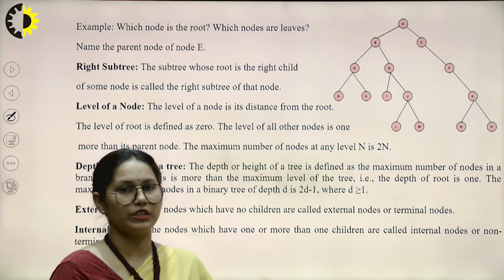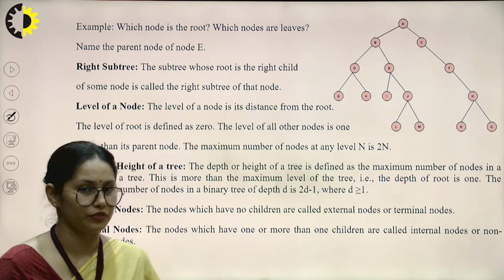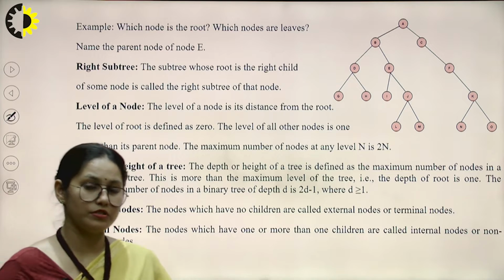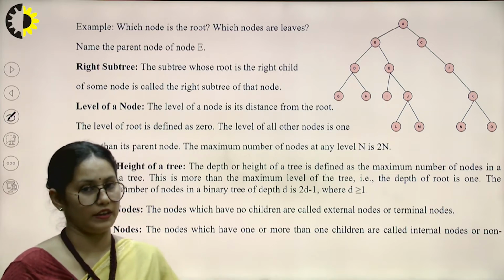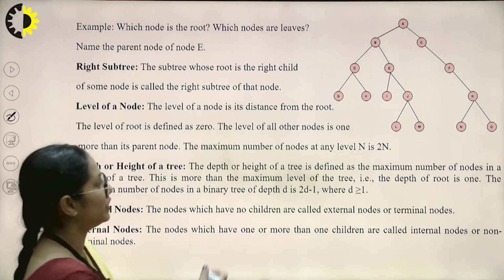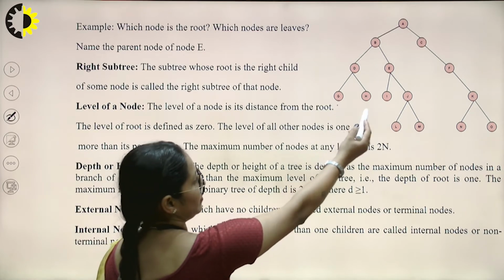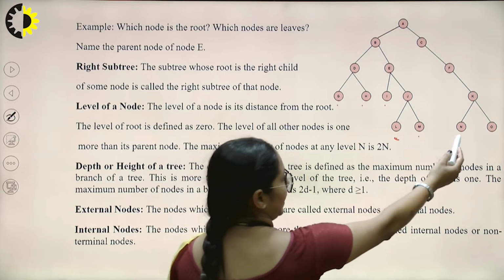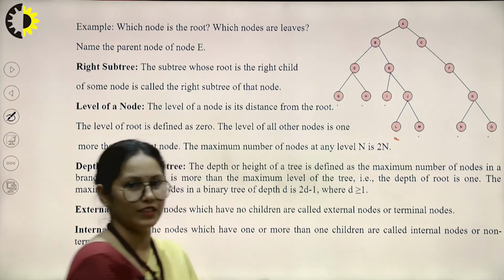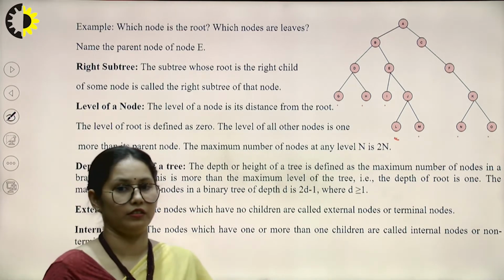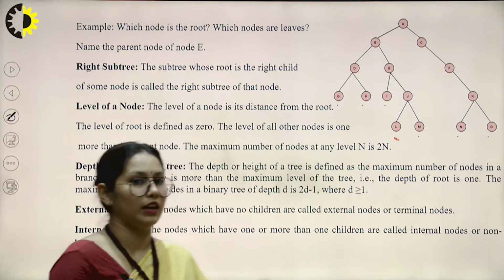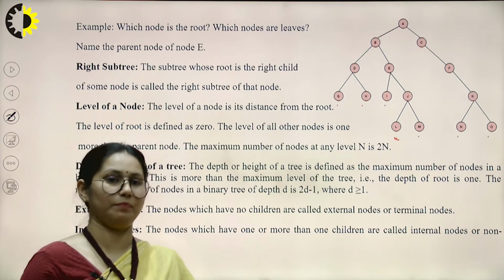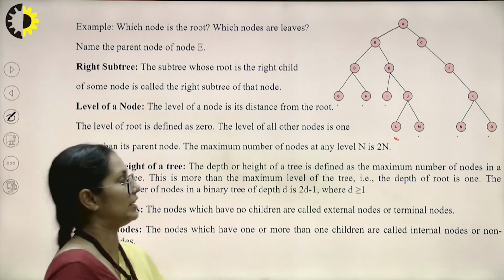Next question: which nodes are the leaves? Leaf nodes are those nodes which don't have any children. So, they are G, H, I, L, M, N, O. These are all the leaf nodes.